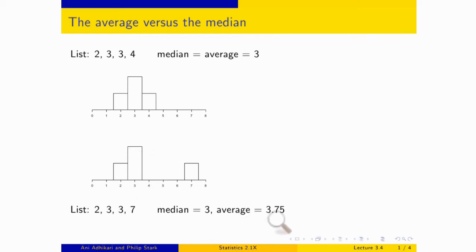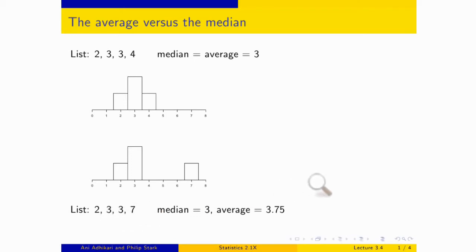But the average is larger because the average is now 2 plus 3 plus 3 plus 7 divided by 4. And you can see that had I decided to shift this block along even further, the average would have been even larger, but the median would still have remained 3.